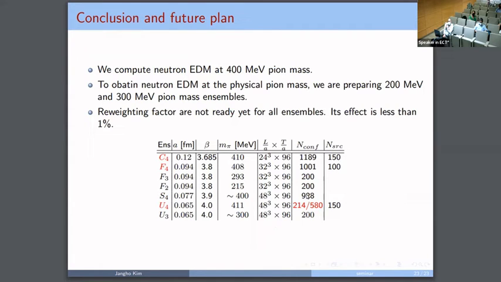We already have almost 1,000 configurations ready. Then we will have the 400 MeV pion ensemble points. And then we still have to wait for these two and three ensembles.